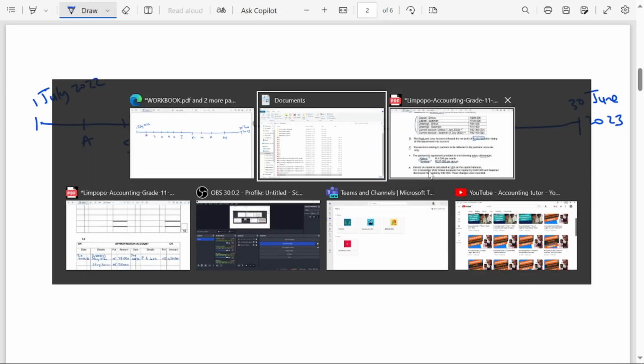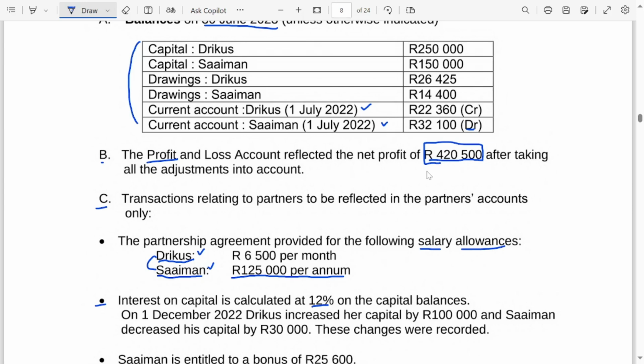Now let's go and look at what they said. They said interest on capital is calculated at 12% on the capital balances. So we're using 12%. Then they're saying on the 1st of December 2022, Rico's increased her capital by 100,000 and Simon decreased his capital by 30,000. These changes were recorded.